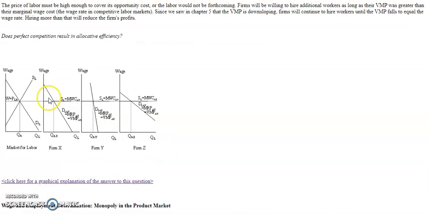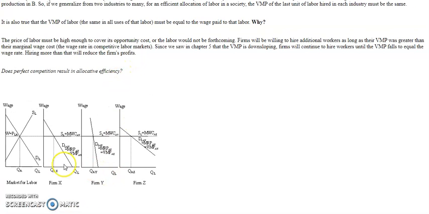This represents the allocative efficiency of labor in the individual firm cases and in the market. I think all should follow the class. Part one represents the perfectly competitive labor market: how to determine the demand and supply of labor, and what the determinants of supply and demand of labor are.